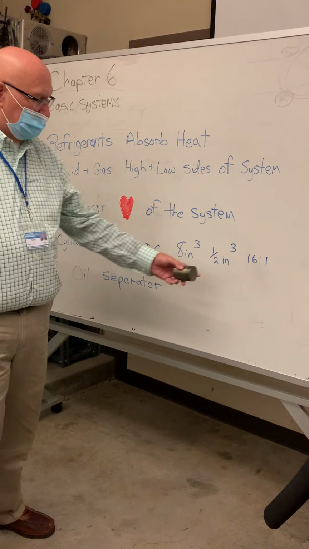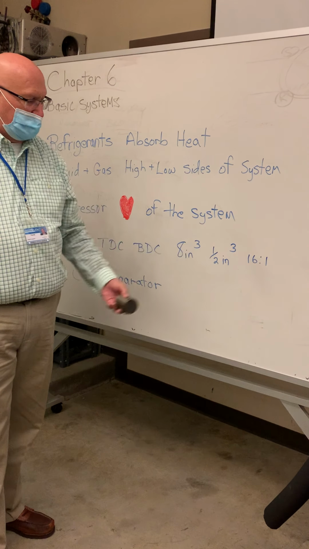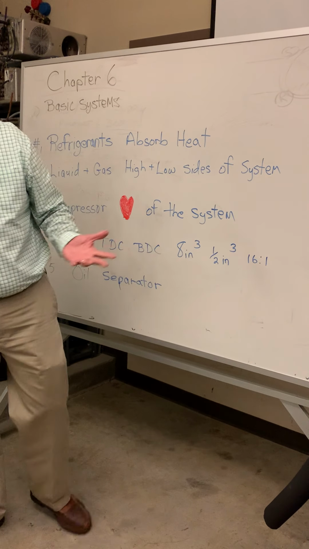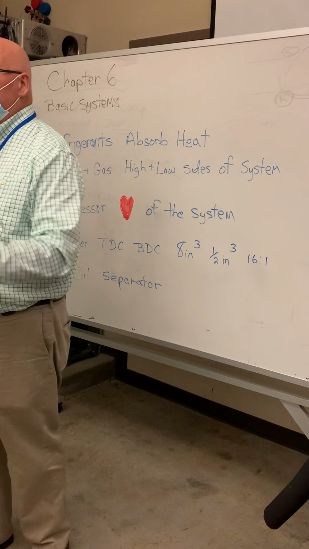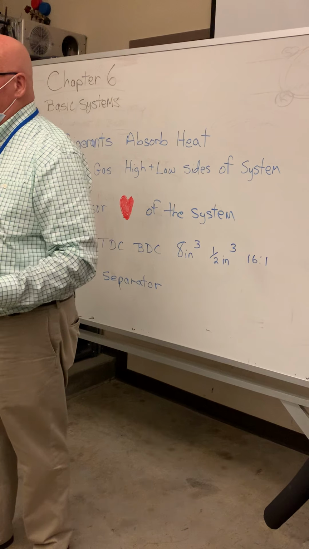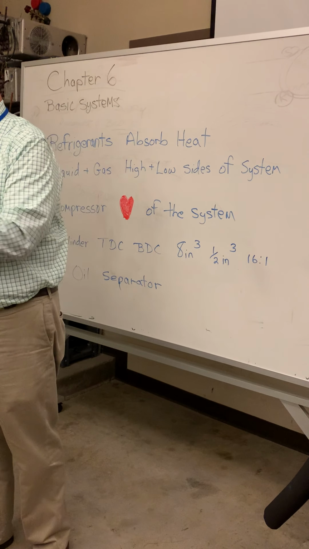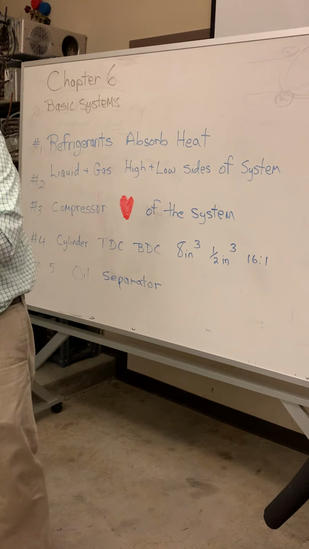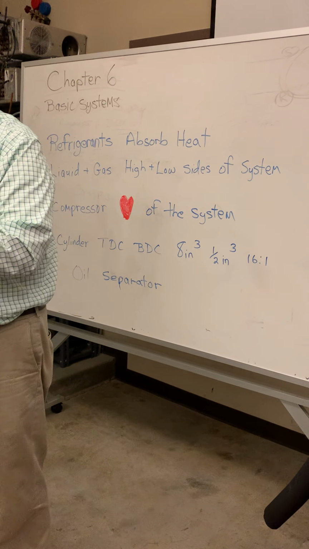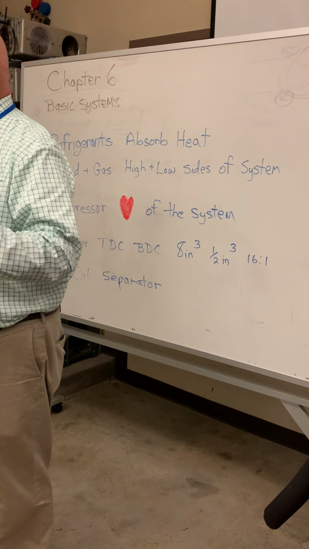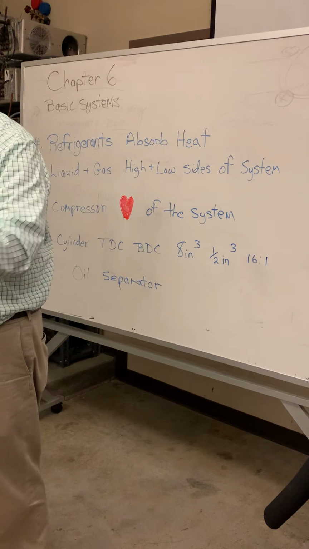In the example they gave, it went from an 8-inch cube to a 1/2 inch cube, and if you look at the ratio, that's 1/16 of the space that it had before. So when you really push in and compress that refrigerant, those atoms, the result is heat and much higher pressure. That's why there is a one-to-one relationship between pressure and temperature.